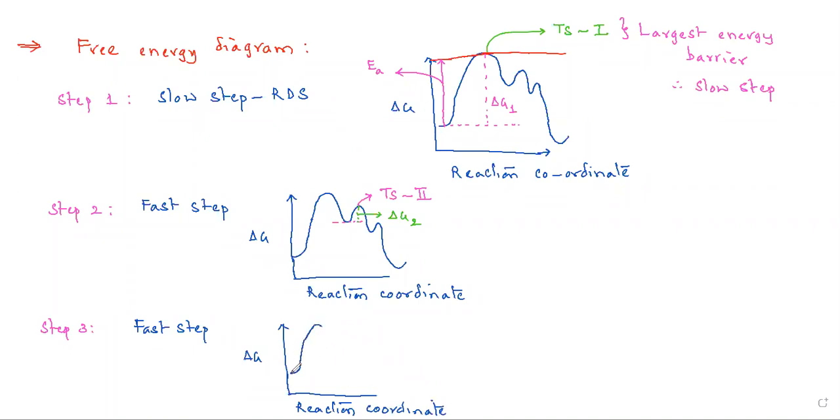Take the same diagram. Now the third one, this is TS3. And this is delta G3, right?